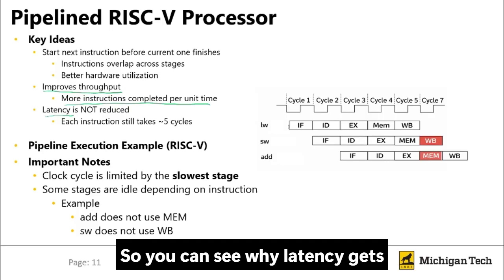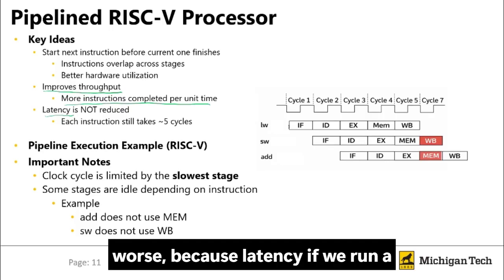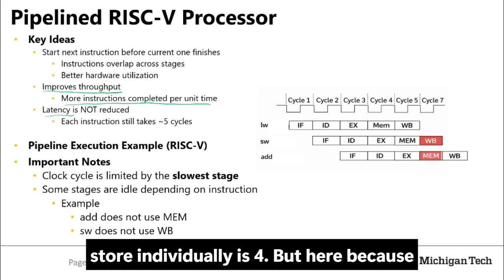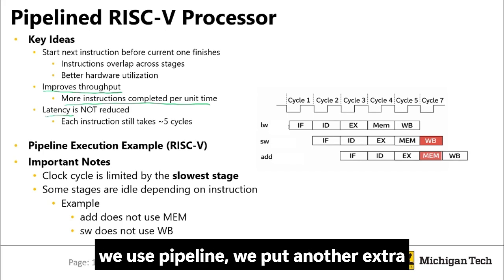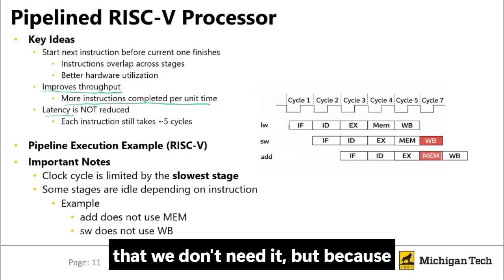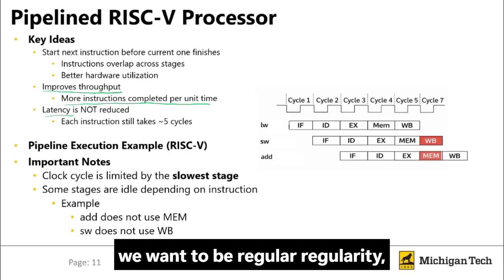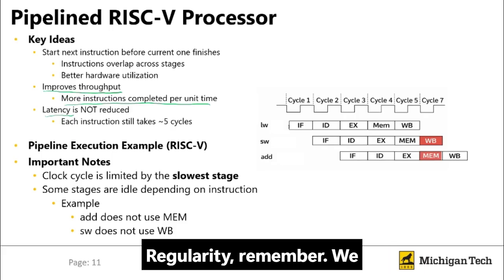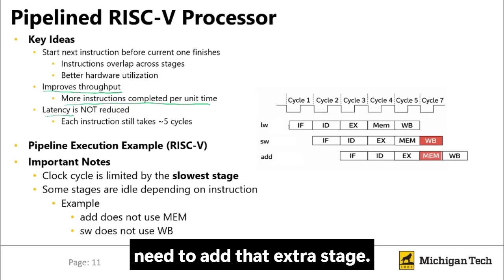So you can see why latency gets worse. Because if we run a store individually, latency is 4. But here, because we use pipeline, we add an extra stage that we don't need, because we want regularity, remember? We need to add that extra stage.